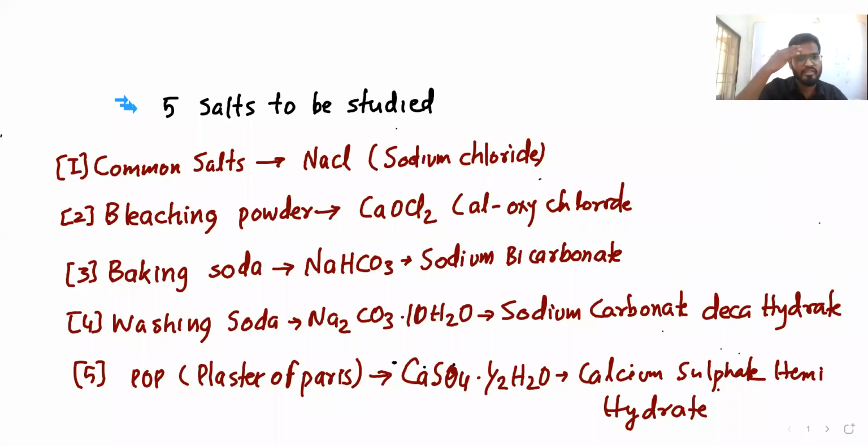The 5 salts to be studied, right? First is common salt, NaCl, sodium chloride. Sodium chloride, calcium oxychloride, these are chemical names, guys. And bleaching powder, CaOCl2, calcium oxychloride, right?